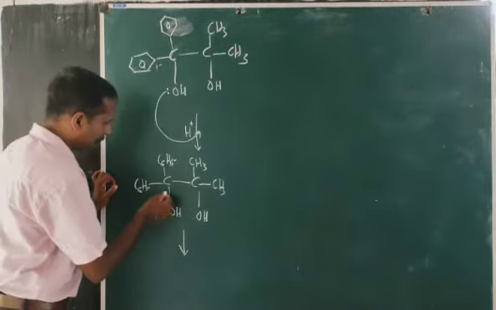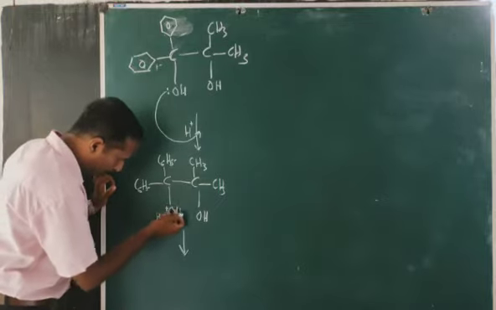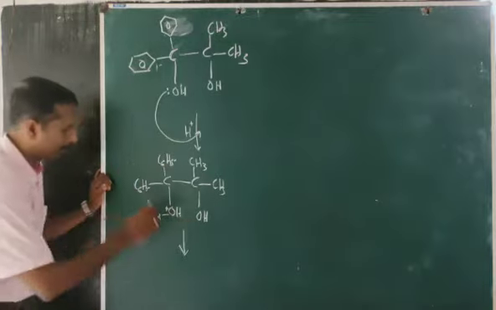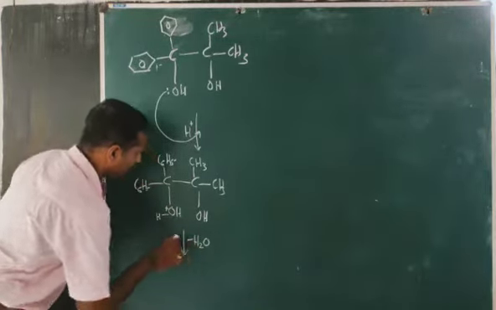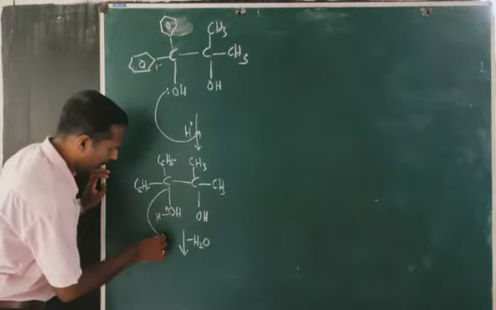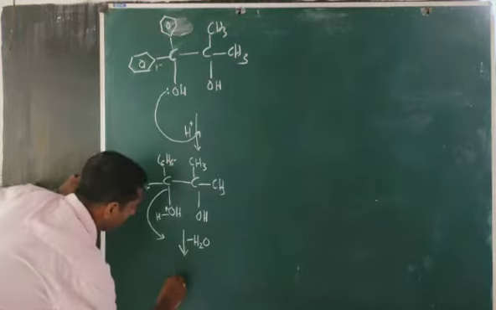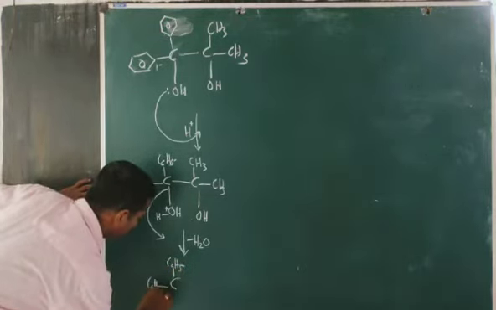And in the next step, what is happening? You can see that the H2O molecule is eliminated. H2O is a good leaving group. It will be immediately eliminated, that means minus H2O. So what will happen? We get C6H5, here also C6H5.